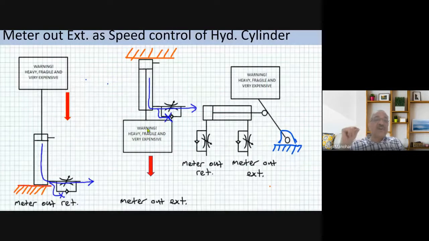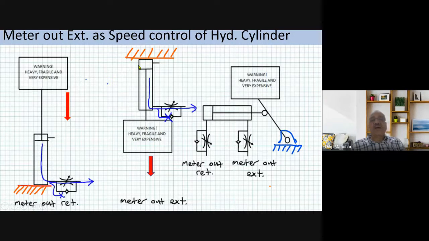When the design is such that the cylinder is kept vertically up and the load is connected to the cylinder top end, coming under the action of gravity, you should never use meter in extension but only use meter out extension. Because if there is accidentally some problem with the meter in extension, the load will fall under gravity and damage something.